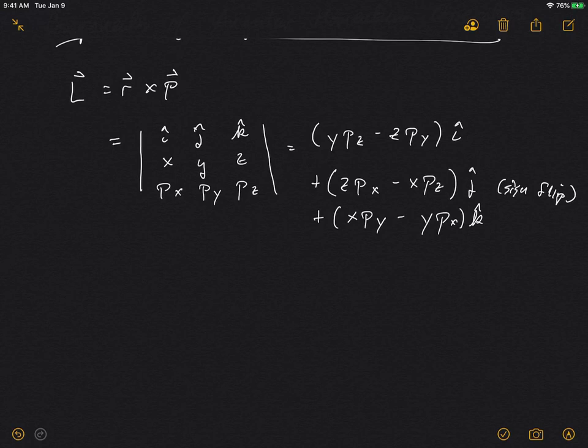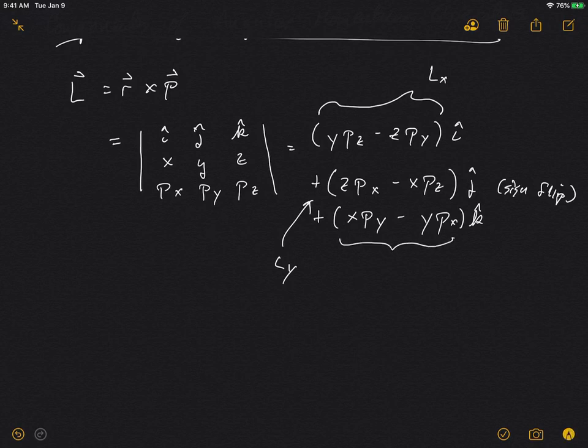Okay, and so this neatly shows us what the three components are. This component here we can think of as L_x, the component of the angular momentum along the x-axis. This would be L_y, and this would be L_z.